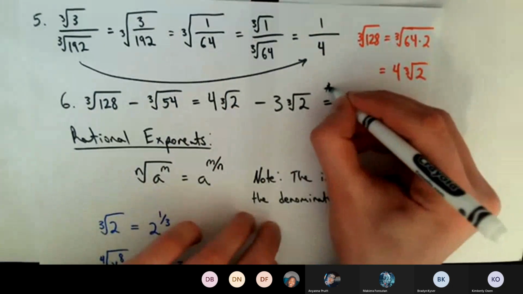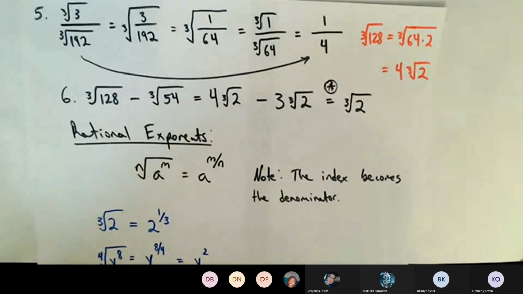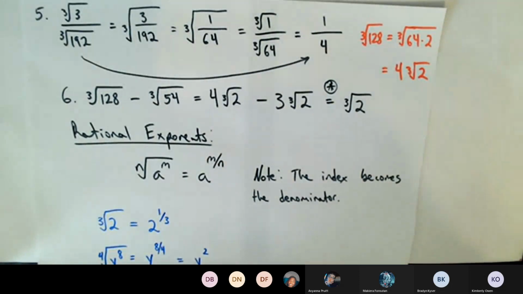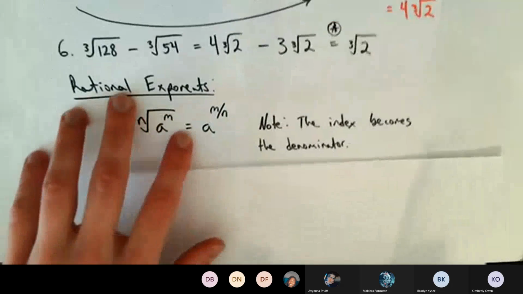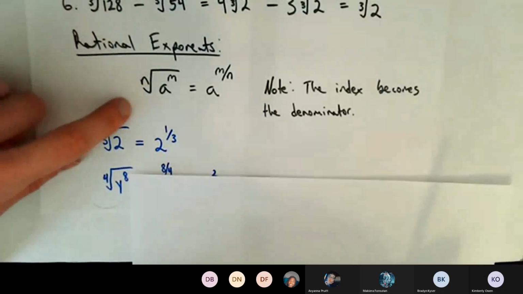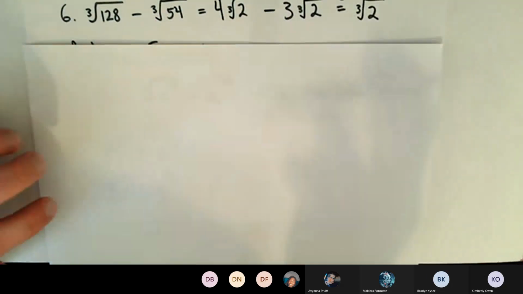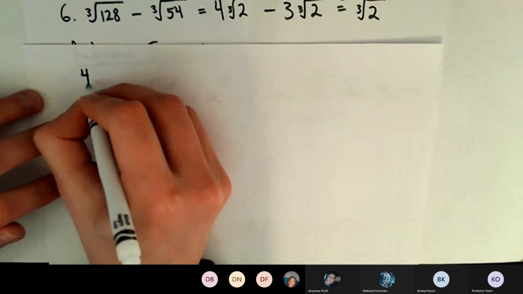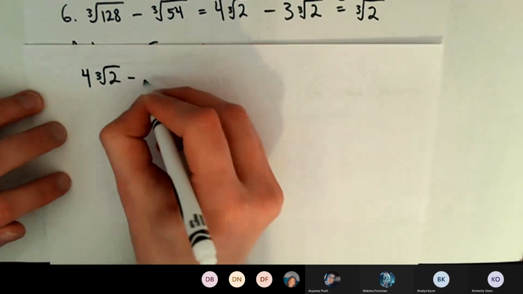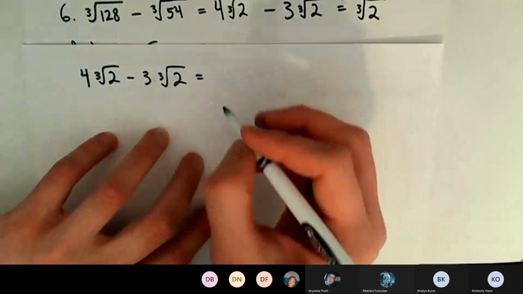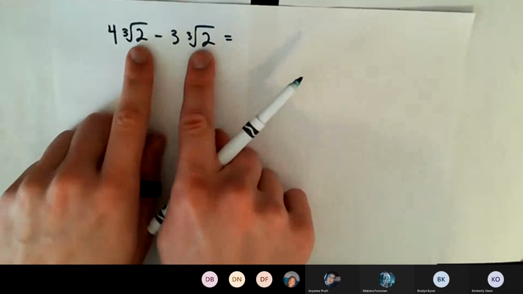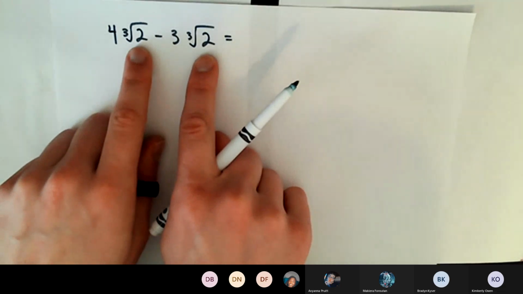Because this is kind of like one of those things where so much notation is suppressed here that it might be a bit confusing, let me go a little bit further into that, and then we'll get back to this rational exponent stuff. All right, so 4 cube root of 2 minus 3 cube root of 2. Now, does everyone agree that I could factor out a common factor of cube root of 2 out of both of these?